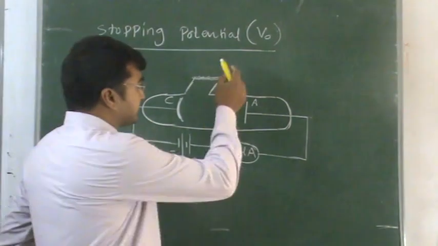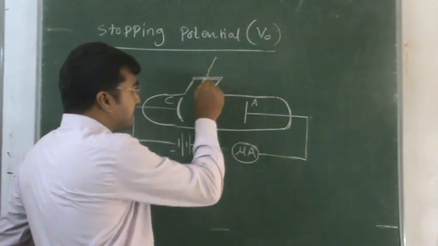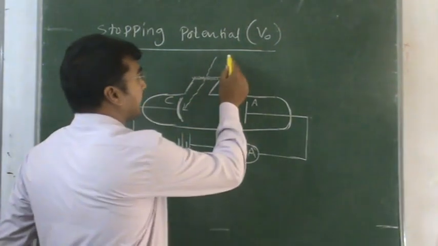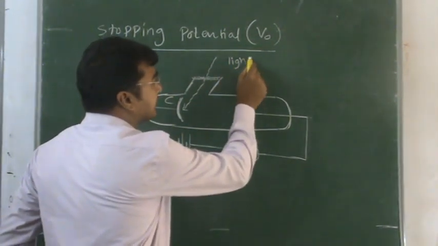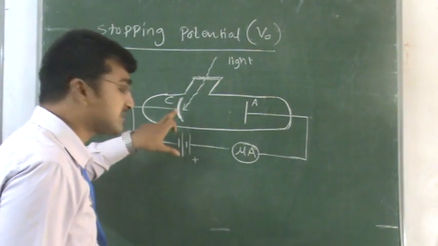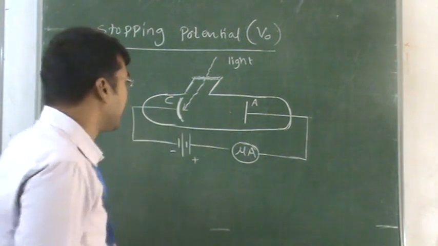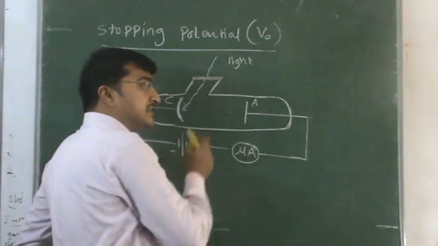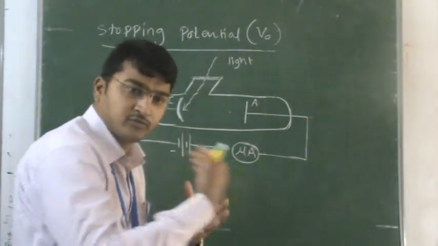Now there is a light, visible light. The light falls on the cathode plate, which is negatively charged. We already discussed photoelectric emission.